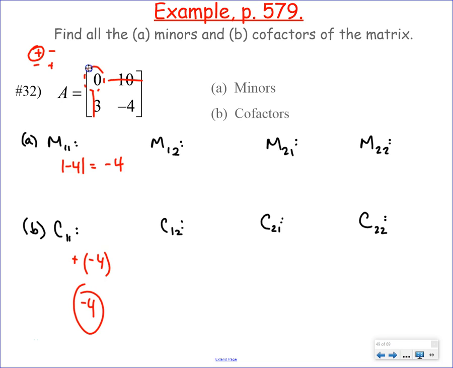Who am I talking about? Now I'm talking about 10, right? Ignore, ignore. What's left? 3. Any 1 by 1 has a determinant of itself. But what position is it in? Negative. So it's going to be a negative times a positive 3, so the cofactor is -3.